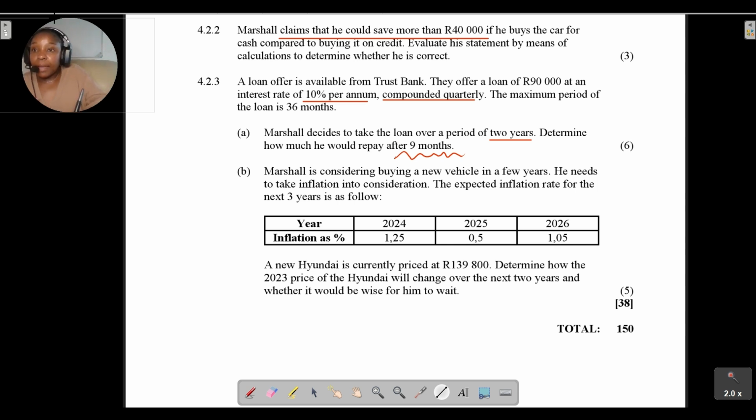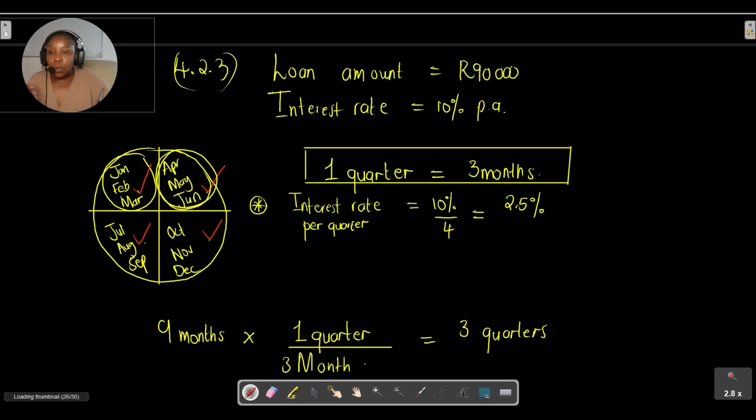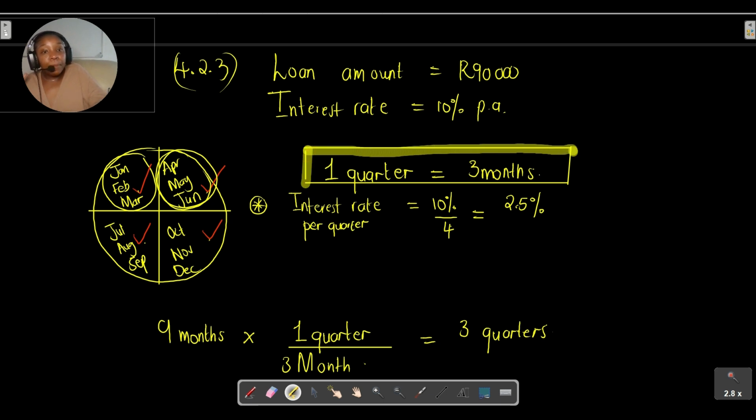So for us to be able to understand what's happening there, we need to establish how many months we have in a quarter. I've showed you guys that in each quarter we've got 3 months. So 1 quarter is equal to 3 months, and this is going to be very crucial when it comes to converting the period that is given to us to quarters.